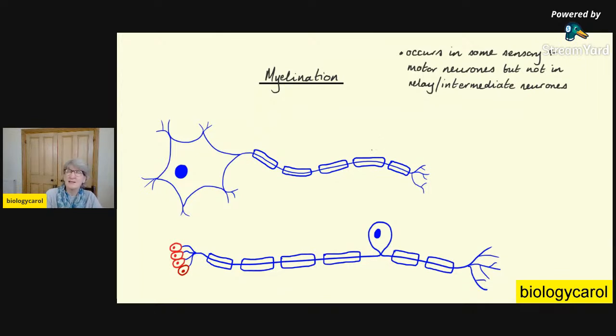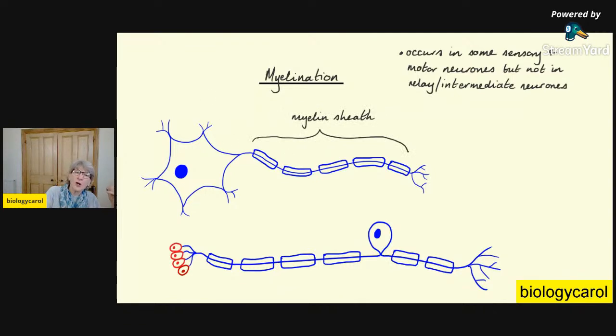And this is basically like putting the plastic cover around an electrical wire. It doesn't necessarily stop short circuits. That isn't quite true. But the analogy holds true. It is an electrical insulation around the axon or the dendron.